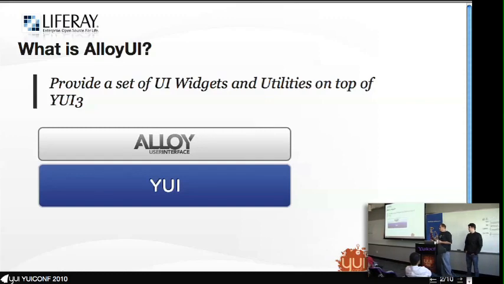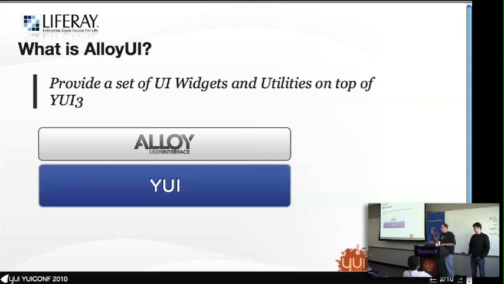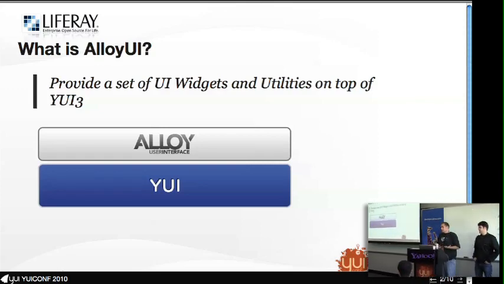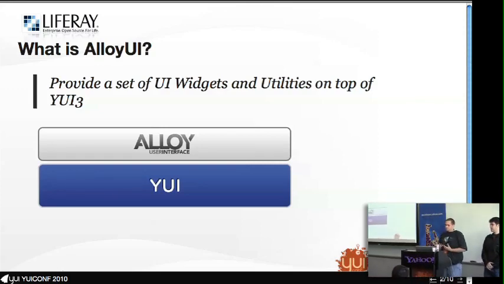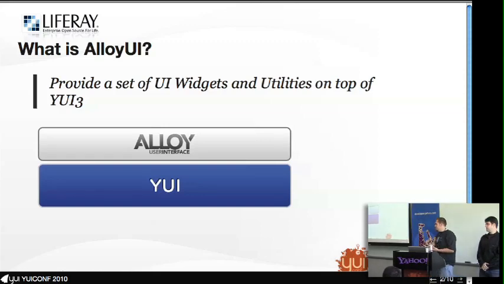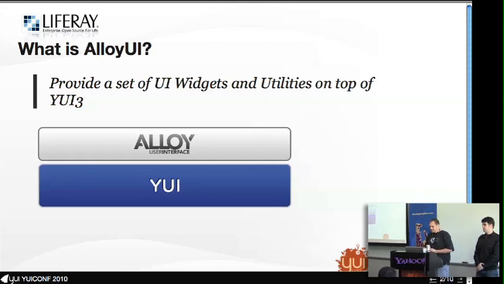YUI 3 was still in early PR and had no components other than overlay. The other option was YUI 2, which had a ton of components, best option possible, but the API, if you guys are using YUI 2, you know it's not exactly always 100% intuitive or consistent. So that was the big debate between us.